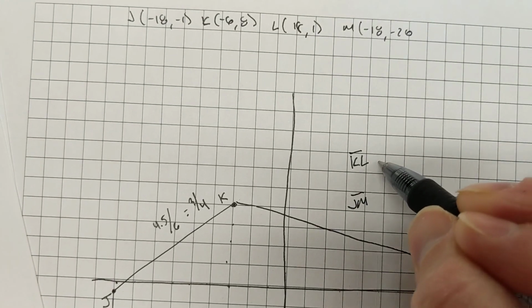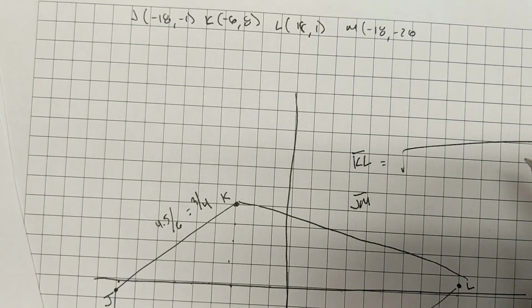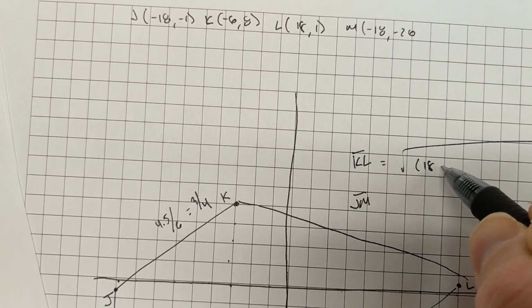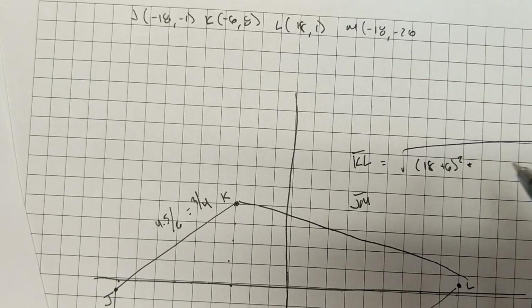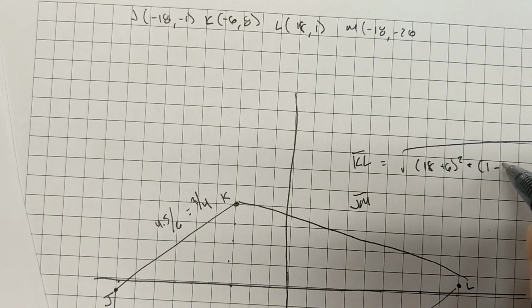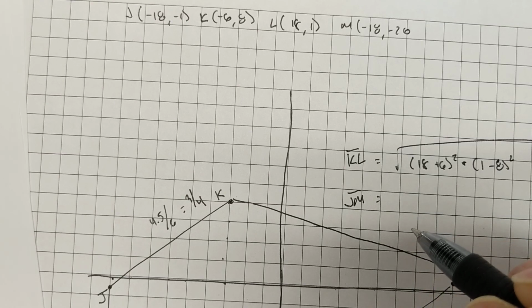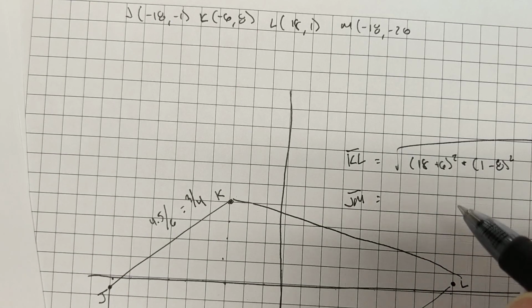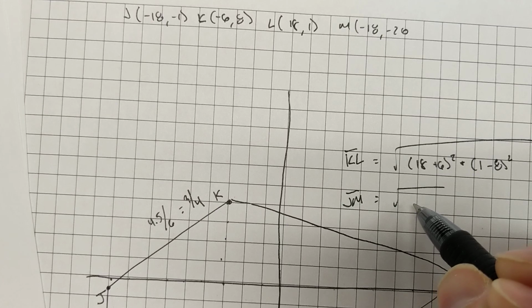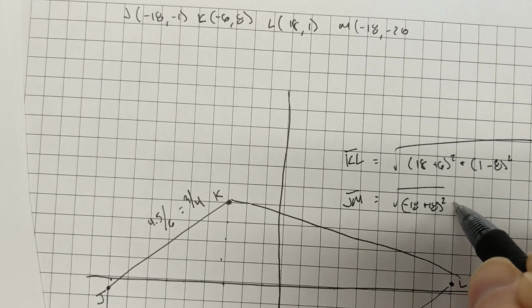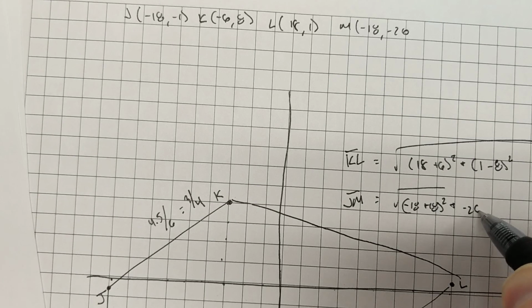So from K to L it is the square root of x2 minus x1 squared plus y2 minus y1 squared. And for JM, it's going to be x2 minus x1 squared plus y2 minus y1 squared.